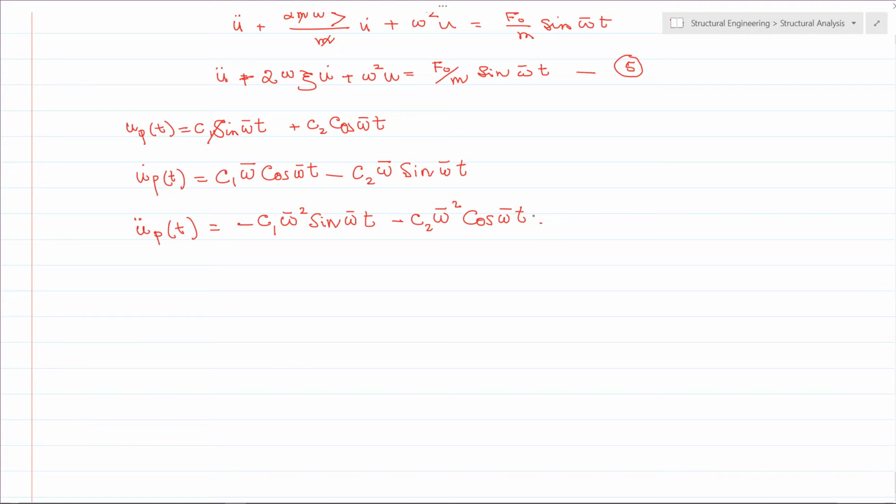Now we can substitute these three equations in equation number 5. So what will be the result?